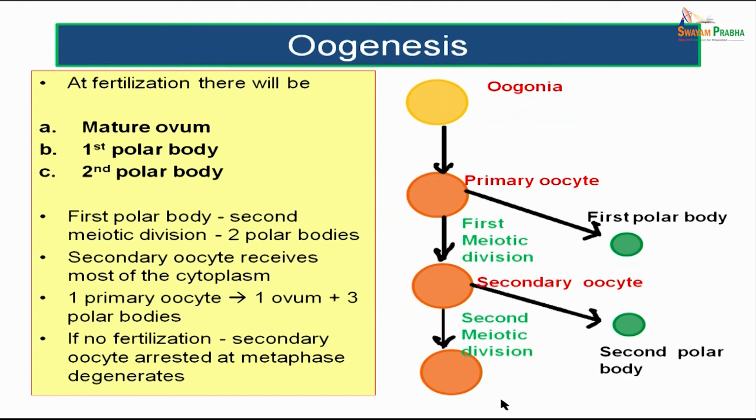If fertilization happens, the secondary oocyte will be converted into a mature ovum and release its second polar body. Sometimes this first polar body will also undergo a meiotic division and give rise to two polar bodies. So, in the end, we can see a mature ovum with three polar bodies instead of two.